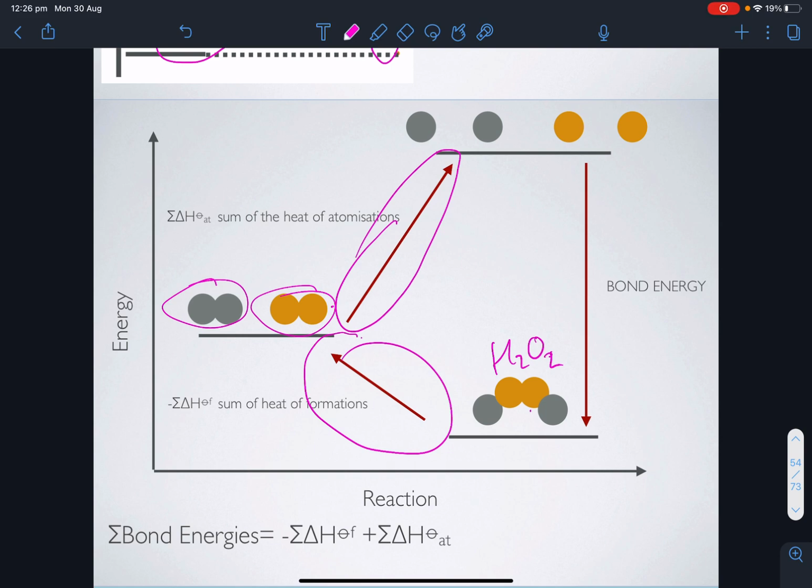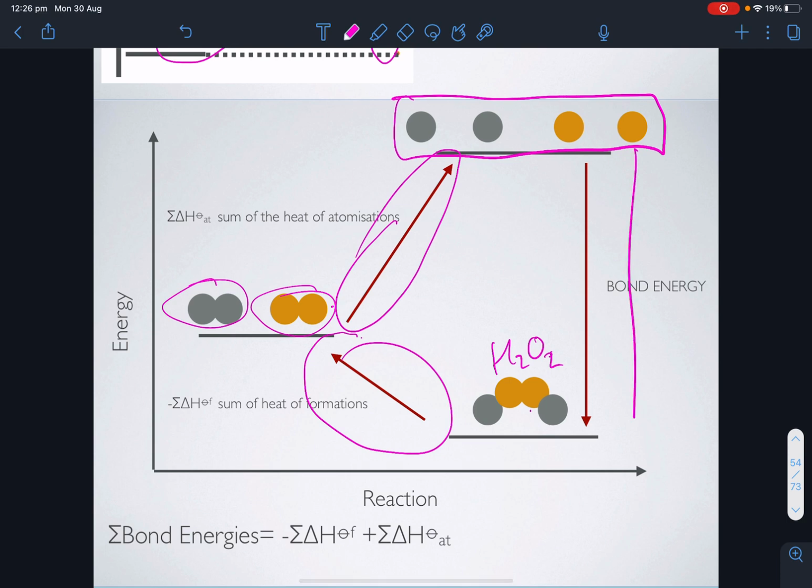So therefore, the energy required to go from here, where we've got 2 hydrogen atoms and 2 oxygen atoms, down to here, H2O2, is called the bond energy. It's the energy in our 1, 2, 3 chemical bonds in there, our covalent bonds. So the energy in those 3 covalent bonds is equal to our negative heat of formation plus the sum of the heat of atomizations, okay?